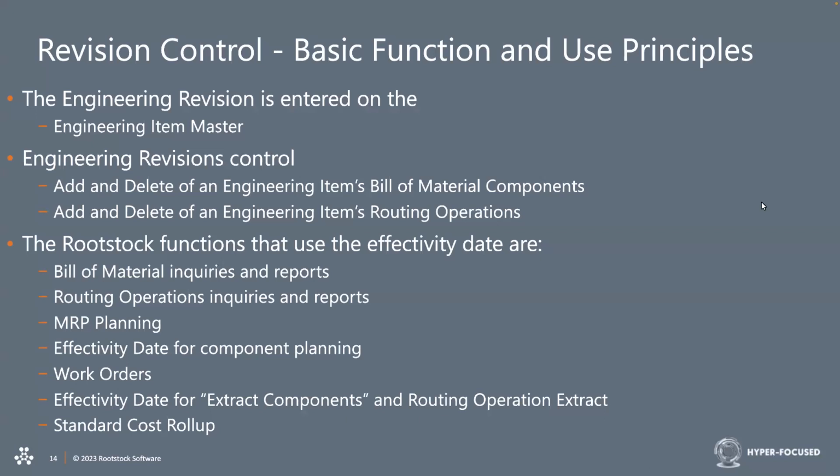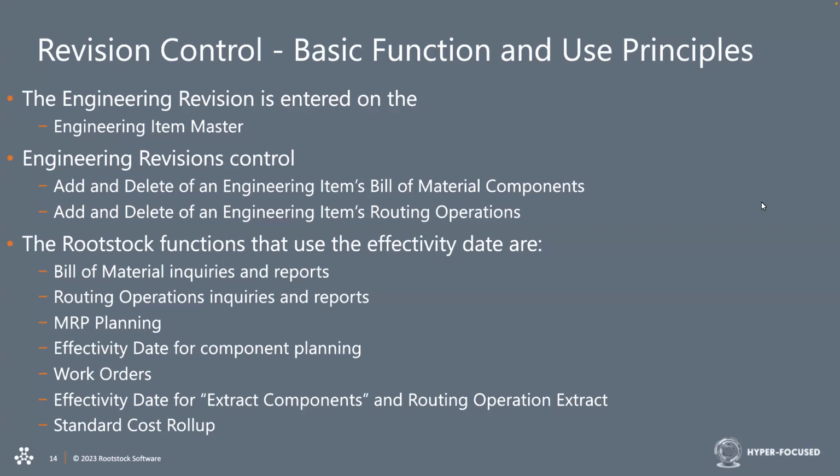What's important with the revision functionality is that, as I just said, you can do inquiries and reports based on that revision, but also MRP planning. MRP planning is going to be going off the current revision, and the effective dates of the components for planning purposes.